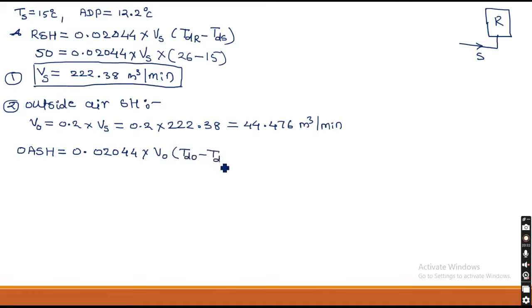So this is the formula that we have. We have to find out the outside air sensible heat, so as it is we will write that. 0.02044 multiplied by VO, which we have now calculated.